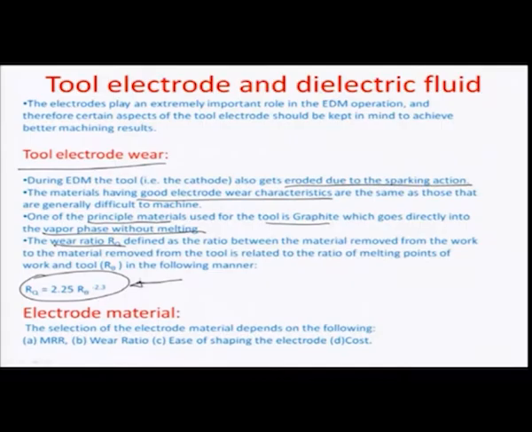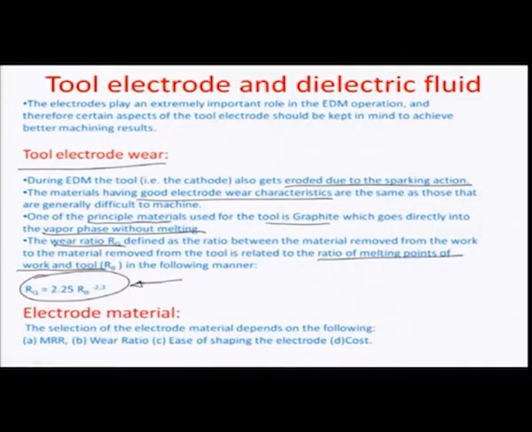This is again an empirical relationship where R theta is the ratio of the melting points of the work and the tool, and RQ is the wear ratio. So if you have a good choice and the material of the tool has a melting point greater than that of the workpiece, the wear ratio RQ automatically improves, okay, and vice versa.